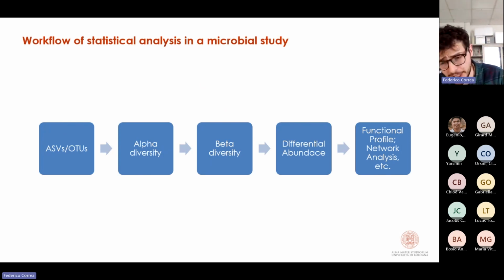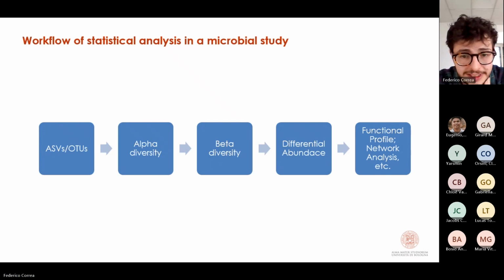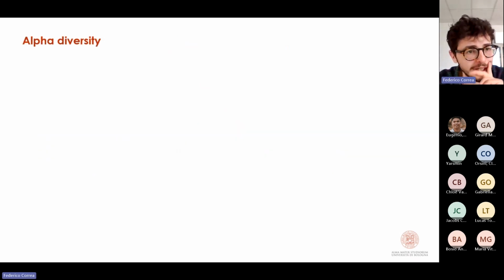A final step can be to perform functional profiling based on 16S. There are some pipelines that can do this, but usually it's pretty inaccurate, let's say. Another thing you can do is network analysis, so trying to understand the relationships among the bacteria inside your community. But usually the most commonly used measure is alpha diversity.